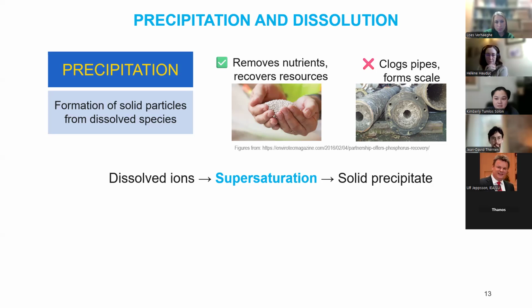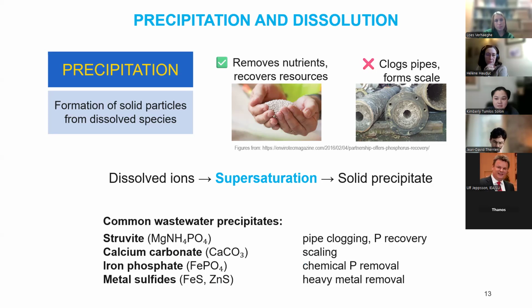We always have dissolved ions in our wastewater. Once you have a lot of these dissolved ions, your solution will become supersaturated, and then your precipitate will form. Some common and very important precipitates in wastewater are struvite.